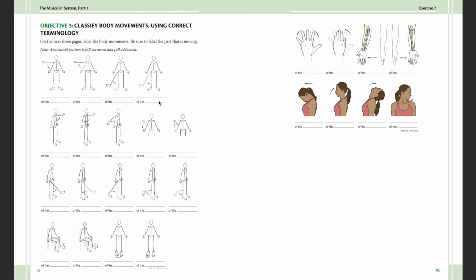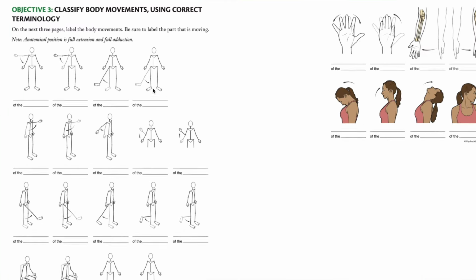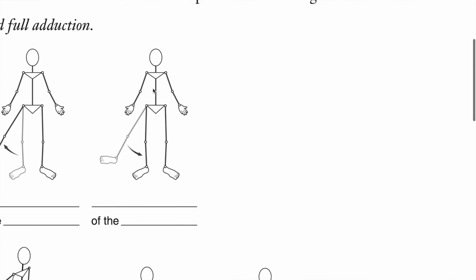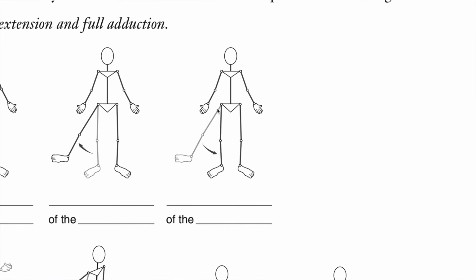For instance, let's take a look at this example right here. So if we are starting here and we're going inwards like this, it's called adduction. And let me go ahead and zoom in here. If I were to be very specific, I would say this is adduction at the, and where's this movement happening? Well, look at that little hinge right there. It's moving at the hip.